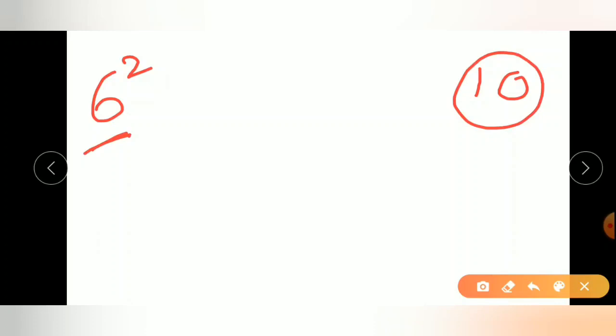Here the number is less than the base by 4, so it is minus 4. For that, you have to square the difference, not 6. We are determining the square of 6, but now put the square of this 4, which is 16.